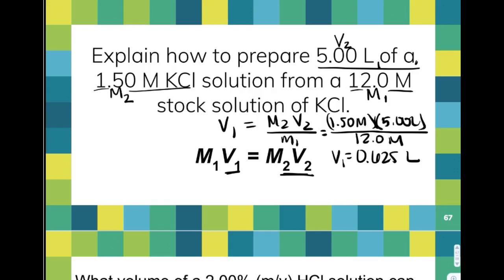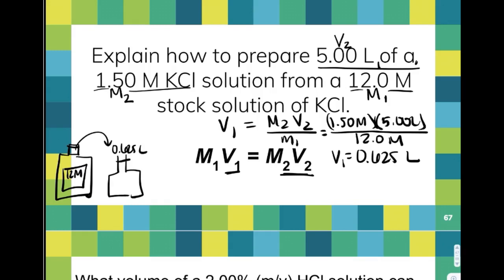And so how would I prepare this? I would say, hey, you've got a stock solution, so I'll draw a little picture. I have a stock solution of 12 molar. You're going to take 0.625 liters, or 625 milliliters, out of that and put that into a new container. That new container is going to be filled up with water.